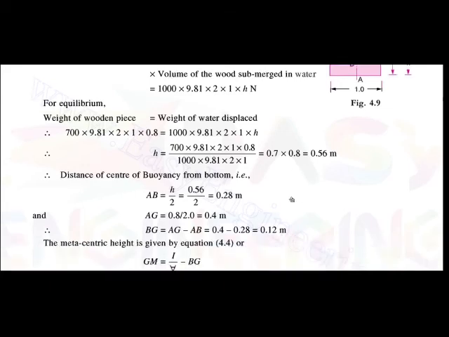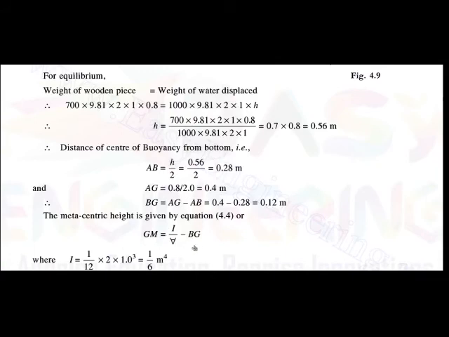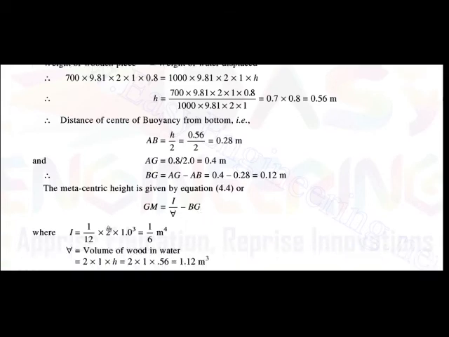Then the metacentric height, the formula for the metacentric height, is I upon volume of the body submerged in the water, minus BG. First we have to calculate the I, which is the moment of inertia about the axis y, equal to 1/6 meter to the 4.